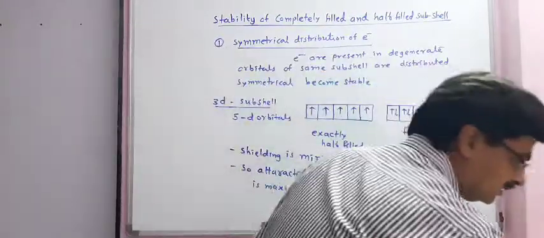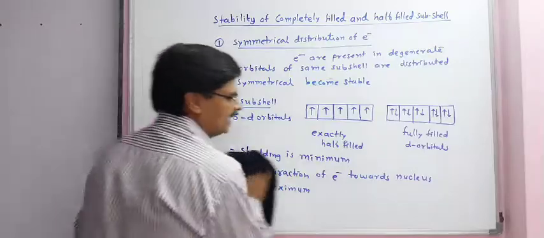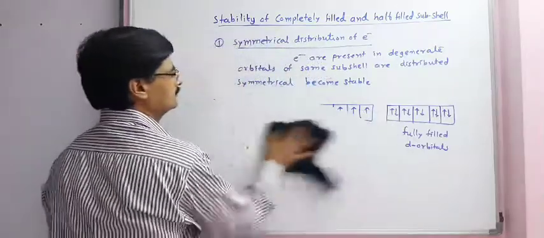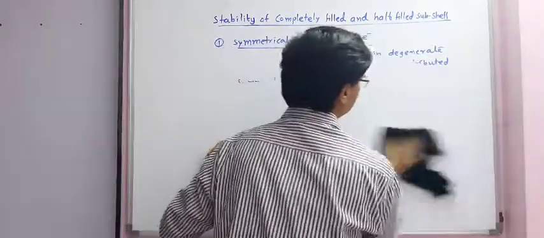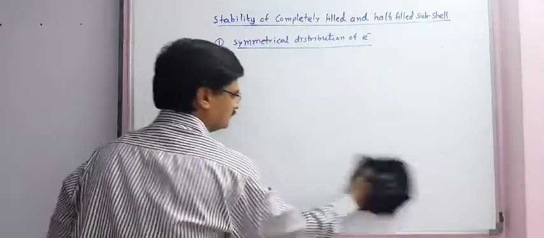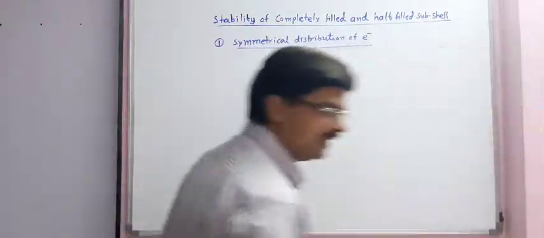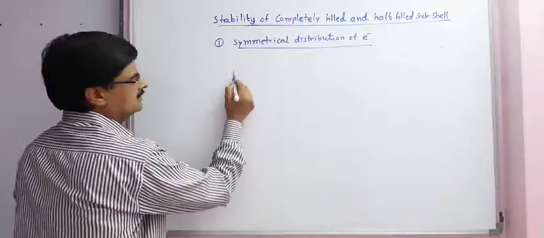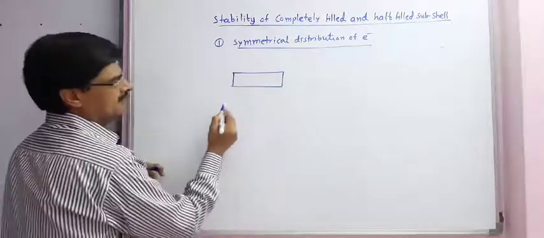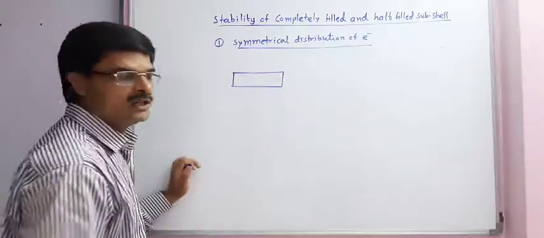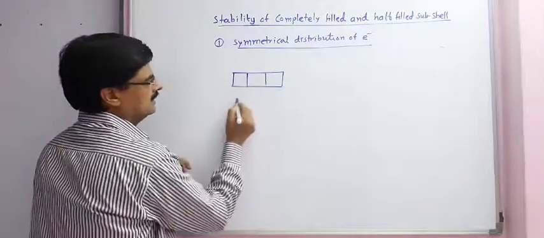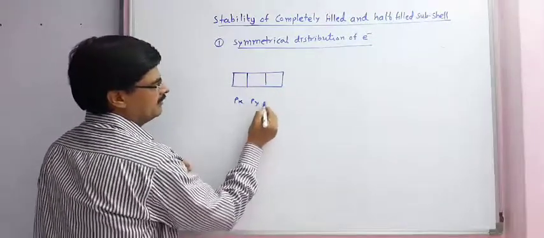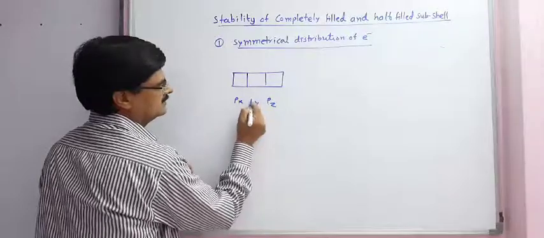Another example, the p orbital, we also have to take. In the p subshell, we have 3 degenerate orbitals, px, py and pz.